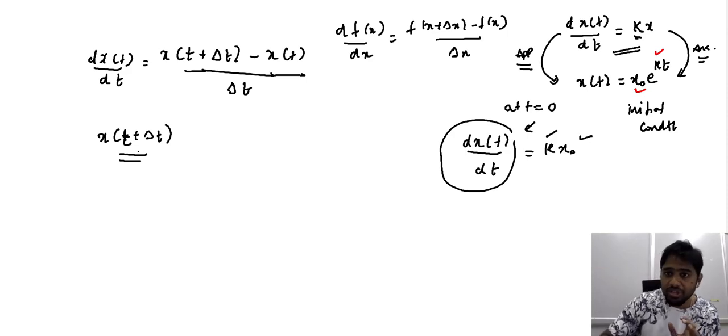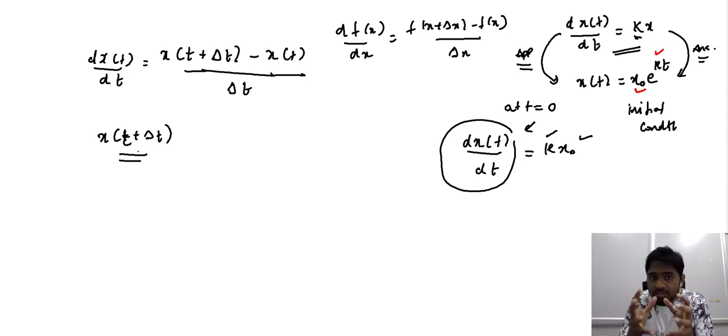We know the number of nuclei at a given time t, and we need to find out what will be the number of nuclei in the next step of t plus delta t.